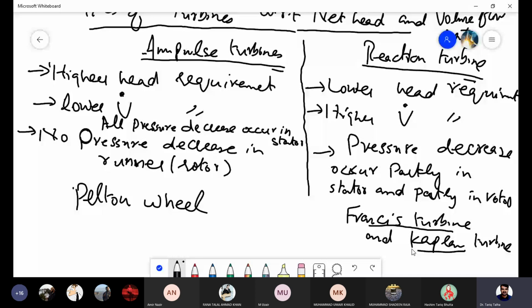Now we start discussing the Pelton wheel. Let me show you the schematic of a Pelton wheel, and then we can have a discussion on that. Let me copy the figure.